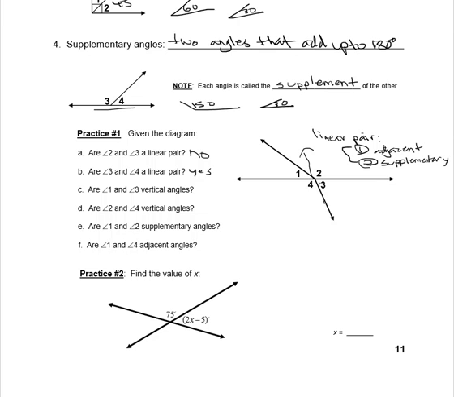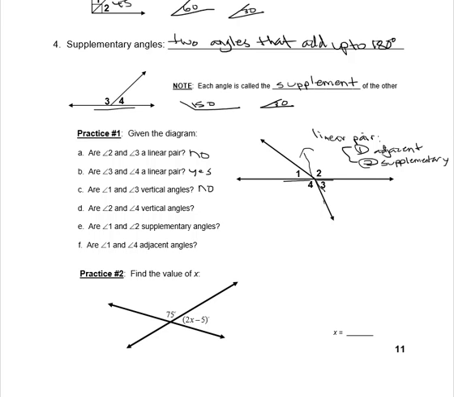It kind of juts out to the left. So this line here is not a straight line. Therefore, 1 and 3 are not formed by opposite rays. Like this is an opposite ray with this, but this out to the left is not an opposite ray. So 1 and 3 are not vertical angles.